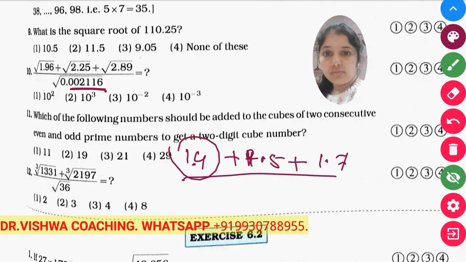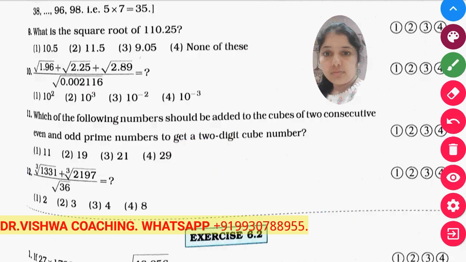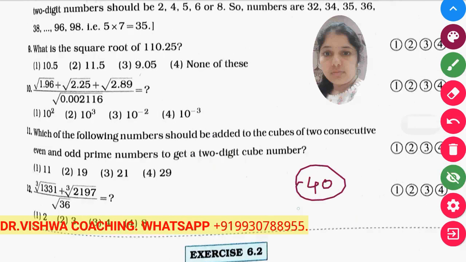35 square is 1225. No, then 40 square is 1600, and 45 square is 2025.